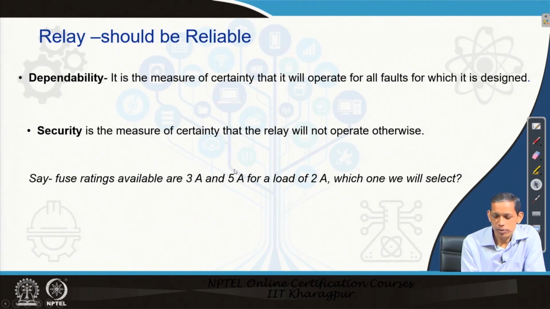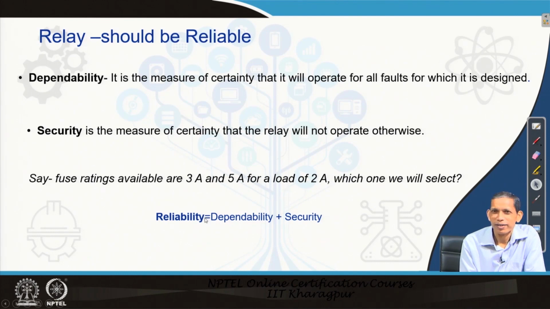So, in this perspective, when you pick 3 ampere, dependability is high, but security is less. When you pick 5 ampere, security is high, dependability is low. But reliability is a combination of dependability and security.